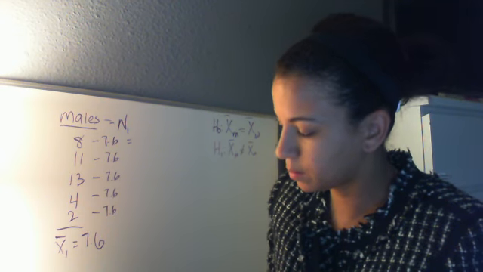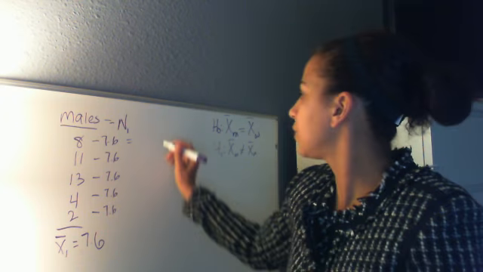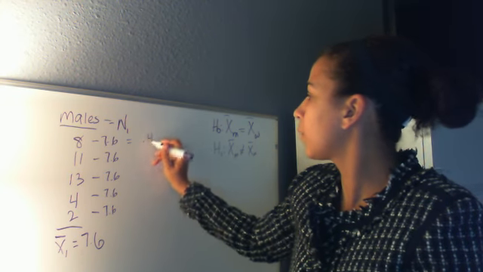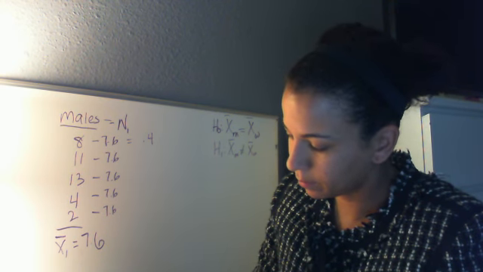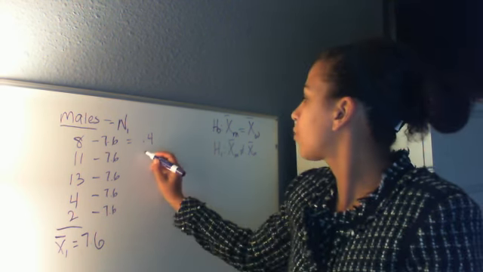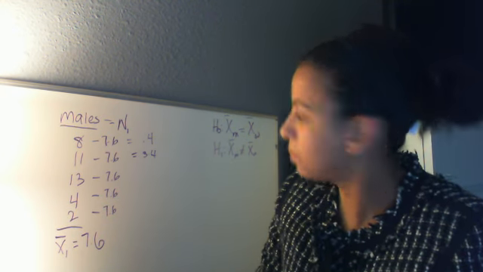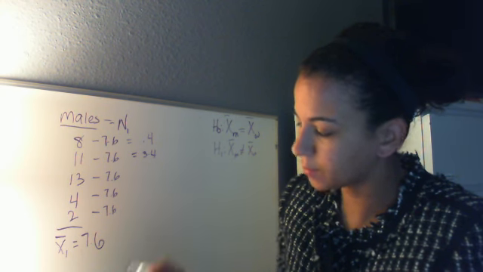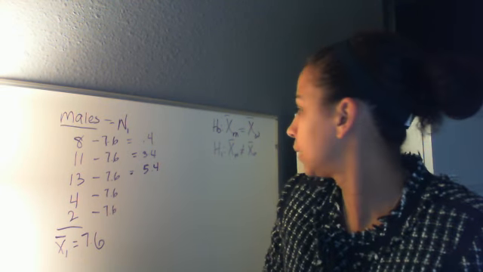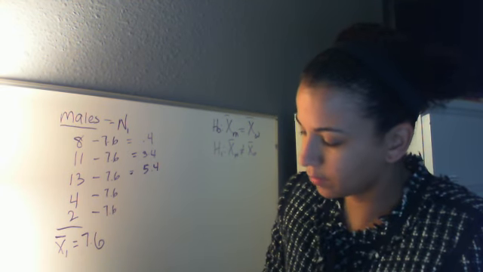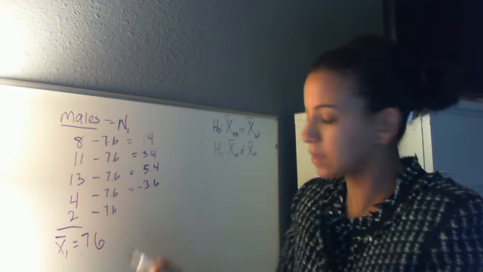Let me work these out. 8 minus 7.6 is going to give me 0.4, right? 11 minus 7.6 is 3.4. 13 minus 7.6 is equal to 5.4. 4 minus 7.6 is equal to negative 3.6.